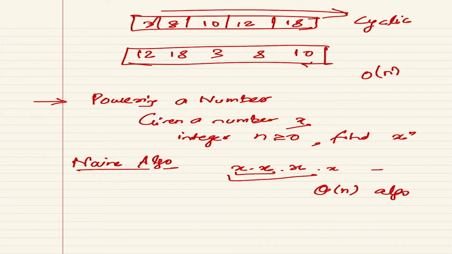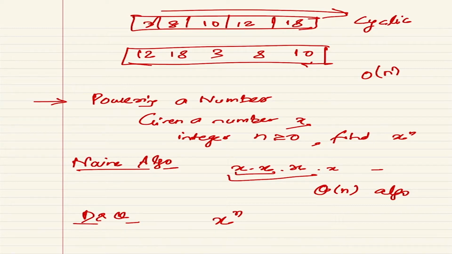Can I use divide and conquer to do something? So I have to power x by n. You have to power x n times. Okay, can I divide that into smaller instances?